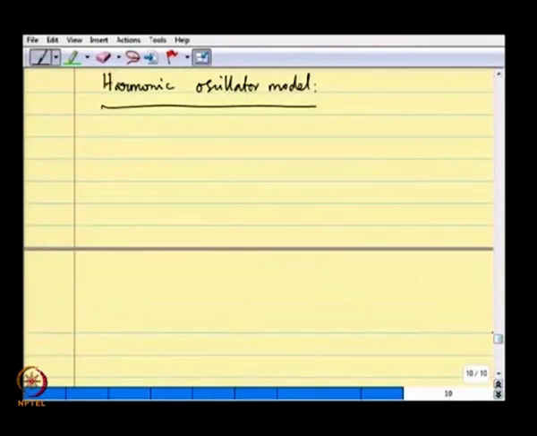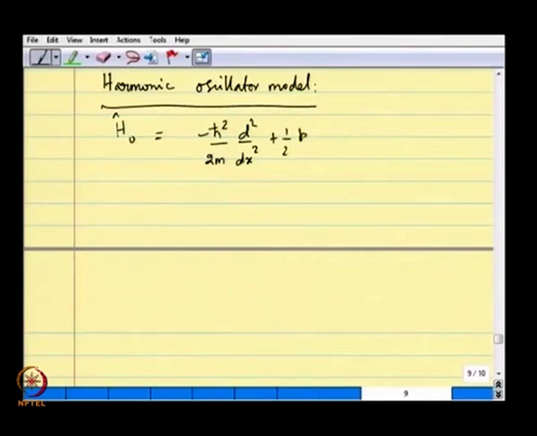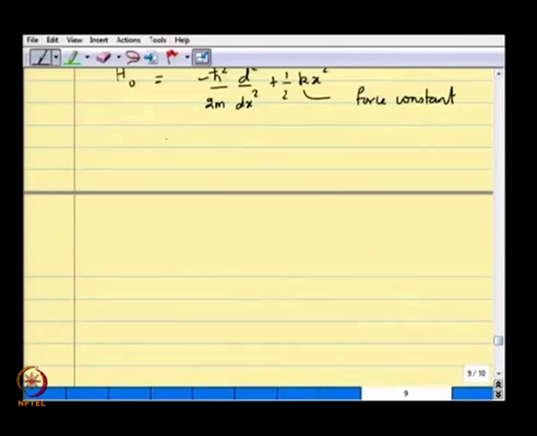I will write the results, because we need the 0 order Hamiltonian, which is minus h bar square by 2m, the mass of the oscillator, d square by dx square plus half k x square, the force constant of the oscillator. And in terms of the frequency of the oscillator nu, it is 1 by 2 pi square root of k by m, or omega, which is 2 pi nu.